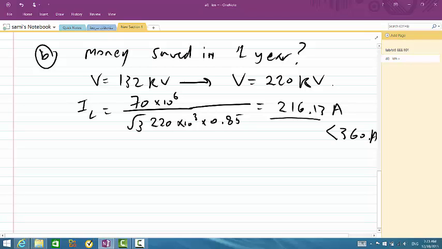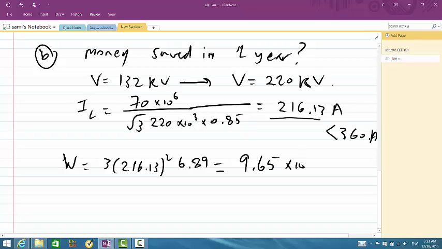So by reducing the current, the losses is 3 times 216.13 squared times the resistance 6.89, and this will give me about 9.65 times 10^5 watts, or 0.965 megawatt, which is again less than 2.68 megawatt.